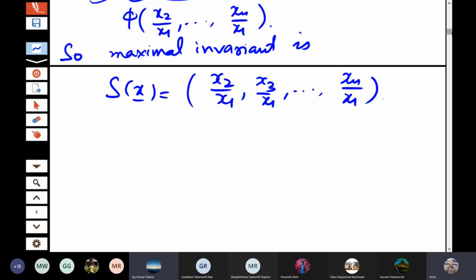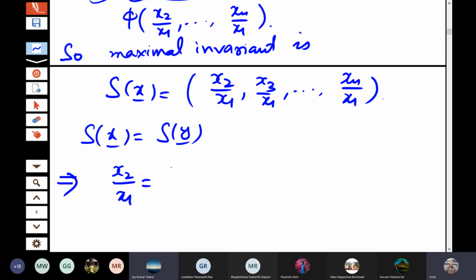We can show here, suppose I consider Sx is equal to Sy. Then I am writing x2 by x1 is equal to y2 by y1, which will imply that I can write x2 as y2 into x1 by y1.